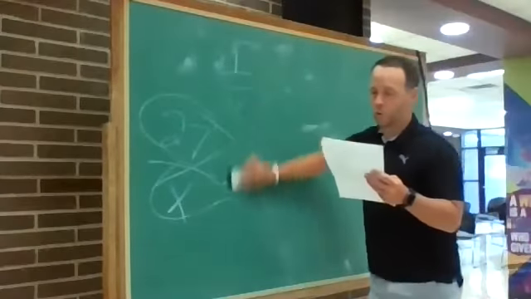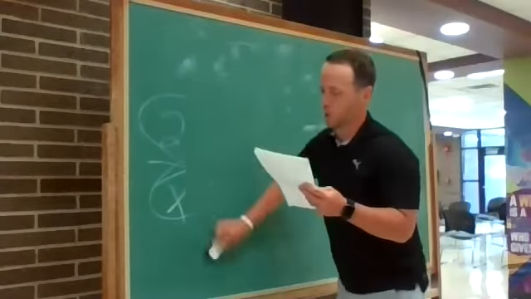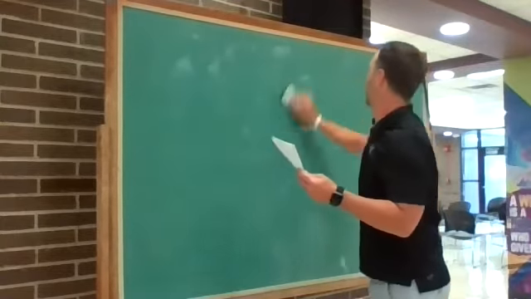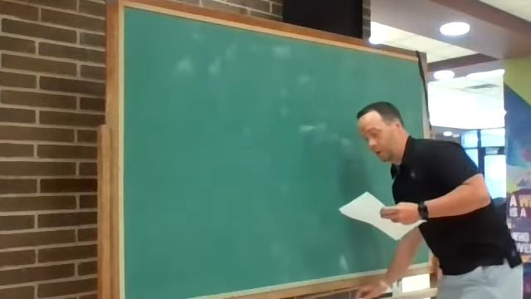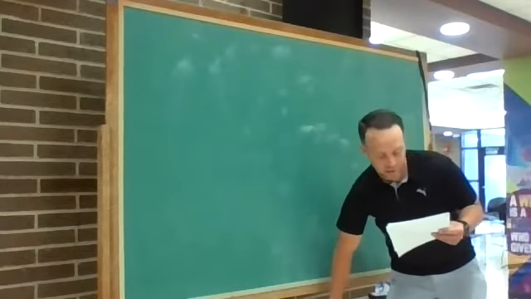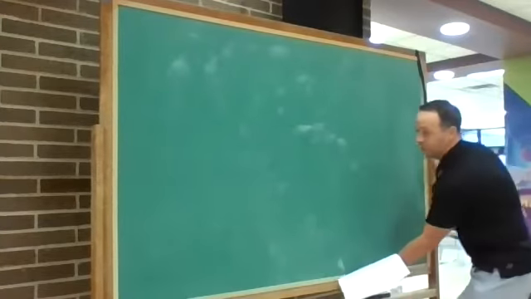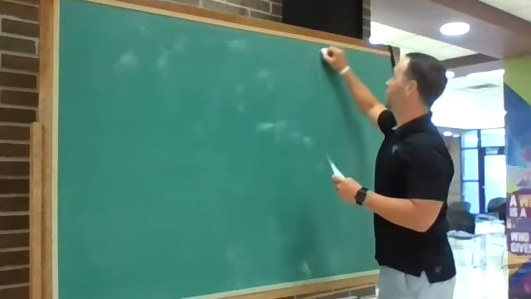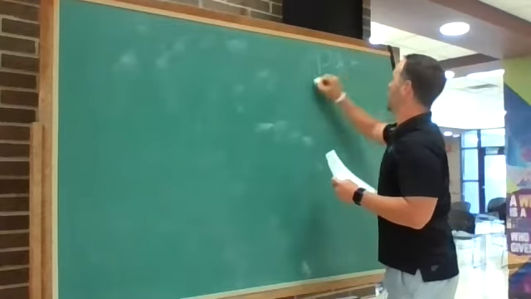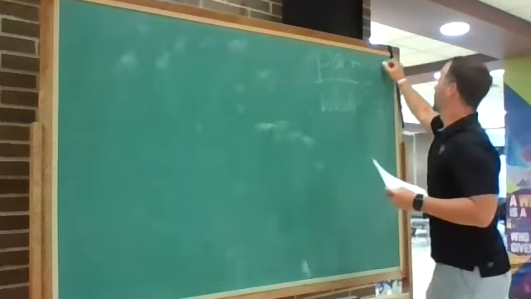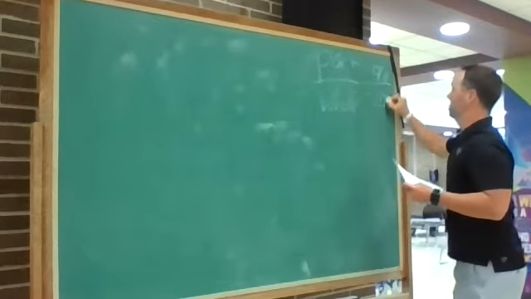A company ordered 452 red pens. They returned 113 of the pens because they were blue instead of red. What percent of the pens were returned? Okay, so on this one we're going to use part over whole equals percent over 100.